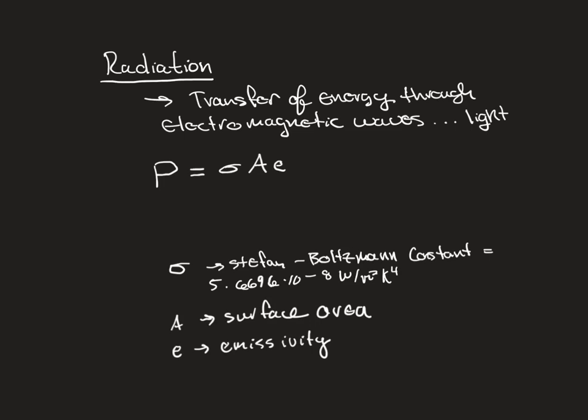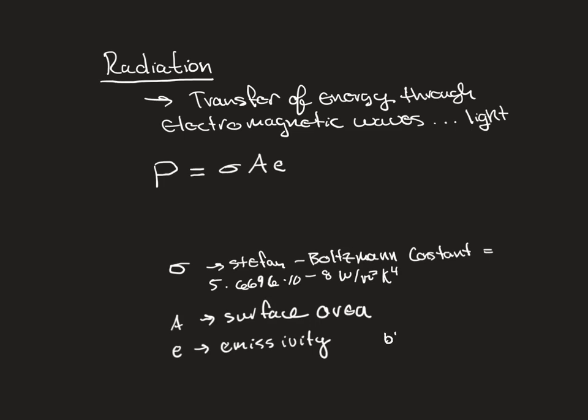And this tells you how good of an absorber or radiator the object is. So an emissivity of 0.6 would tell you that it radiates 60% of its energy. An emissivity of 0.3 tells you that it radiates 30% of its energy.